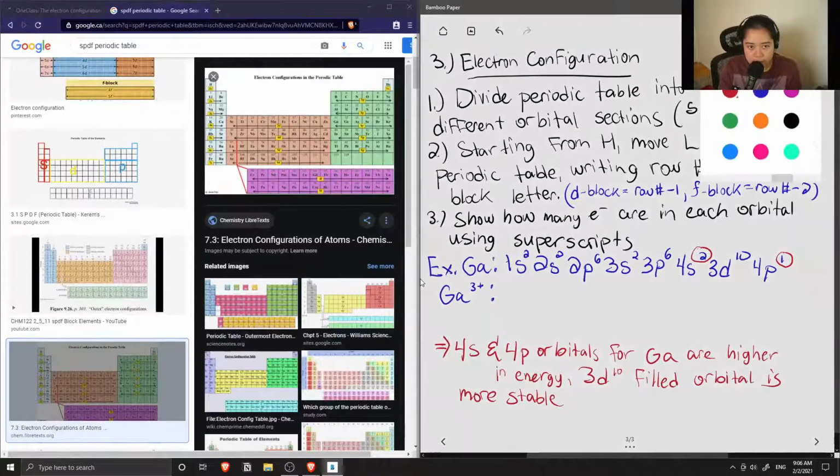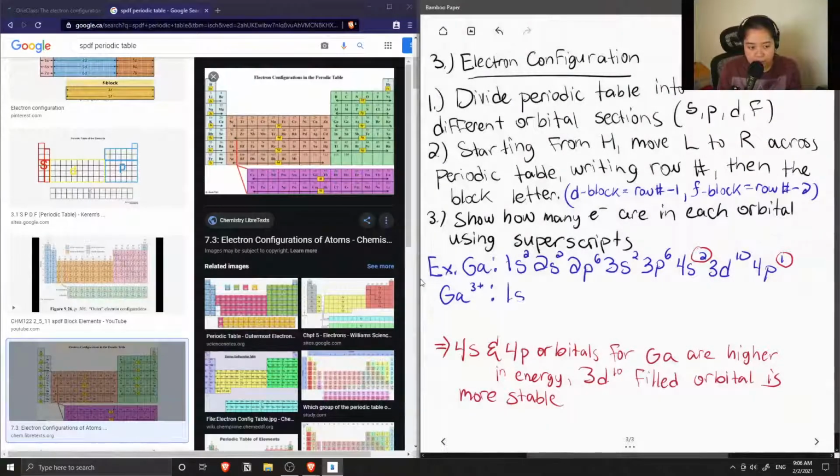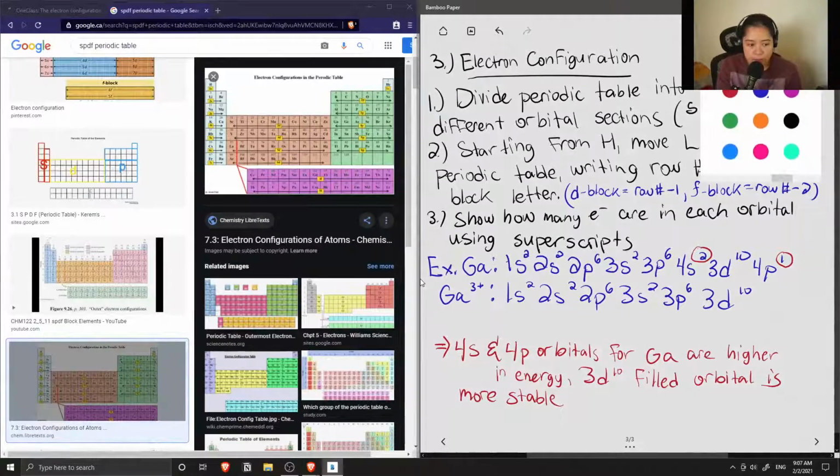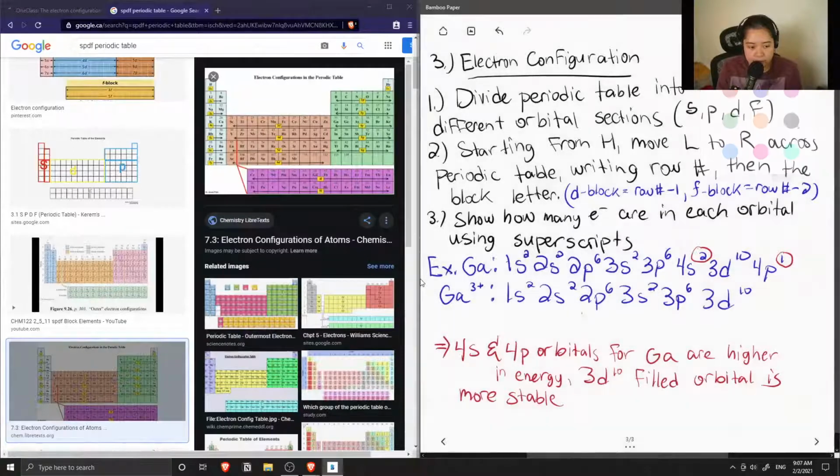Okay, so now let's write our new electron configuration. It would be 1s2, 2s2, 2p6, 3s2, 3p6, and then 3d10. And then if we were to write the shorthand configuration, it's fairly simple.